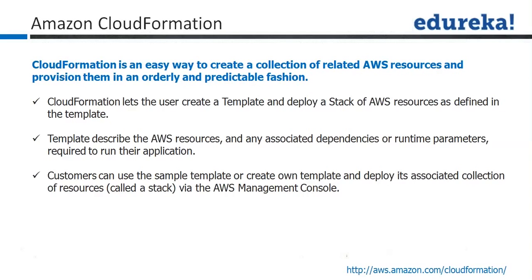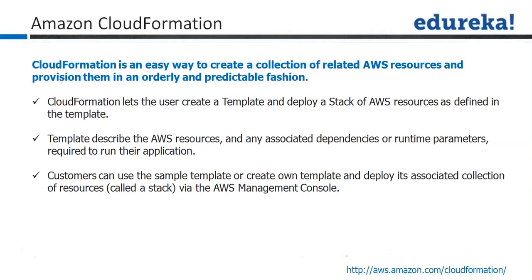Then in the CloudFormation console, you create a stack and attach the template to it. Whatever resources you are going to use, like EC2, EBS, S3, RDS, you configure as part of the template. And the stack follows all this in an orderly way as per the template and creates everything.